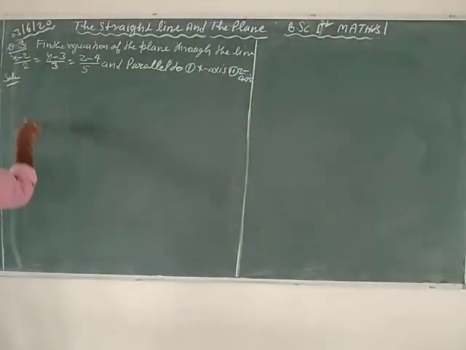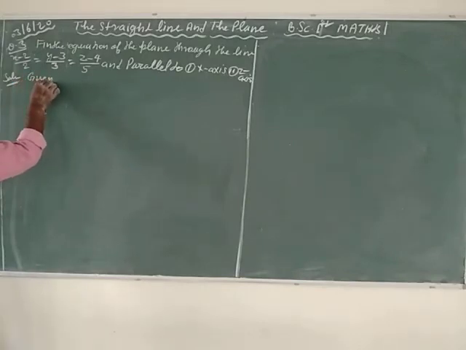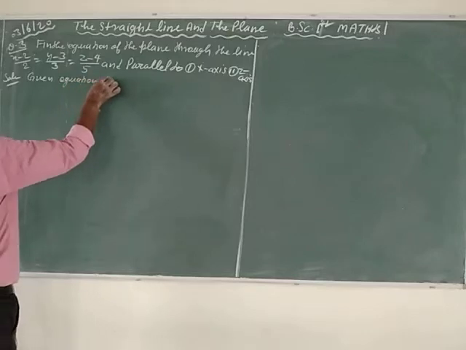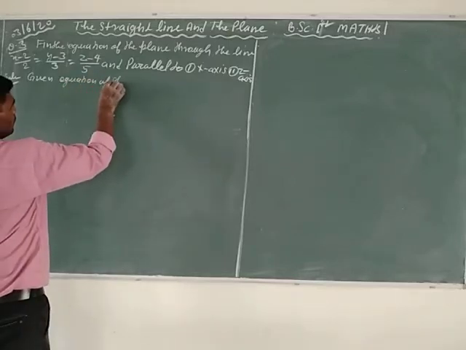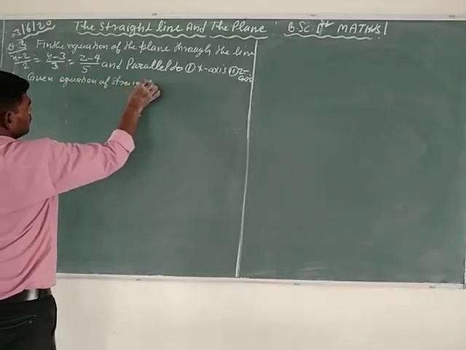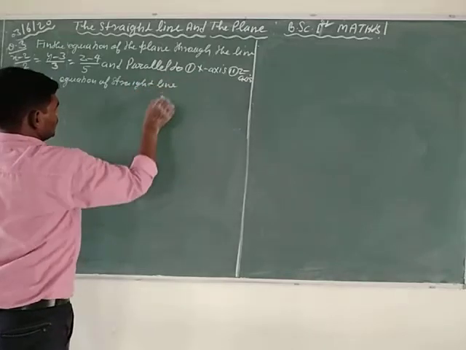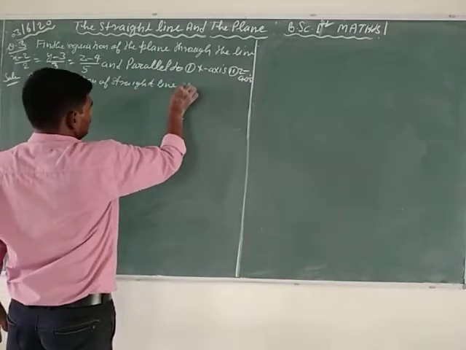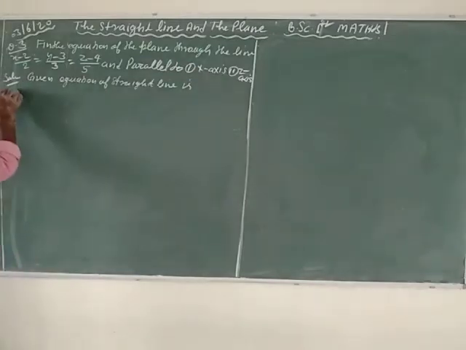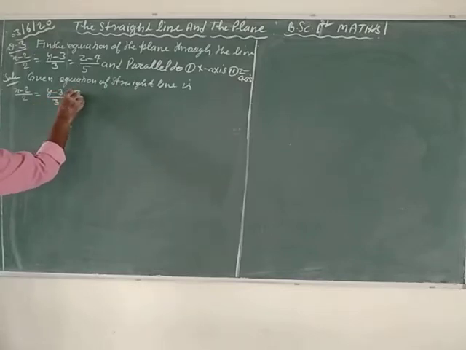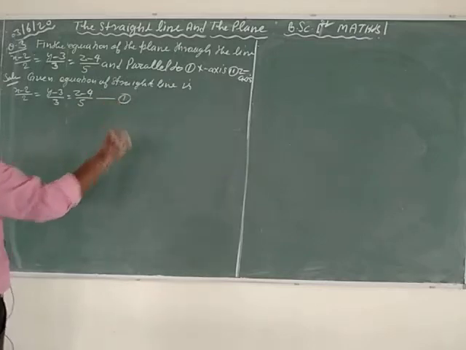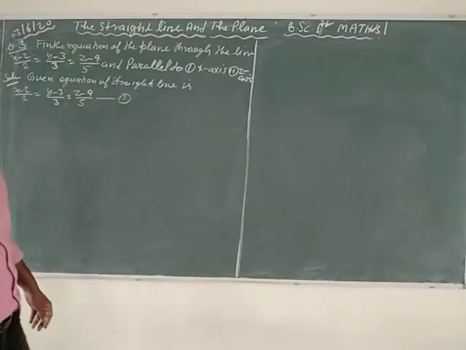So given that the equation of the straight line is (x minus 2) by 2, (y minus 3) by 3 and (z minus 4) by 5, represented by the first equation.